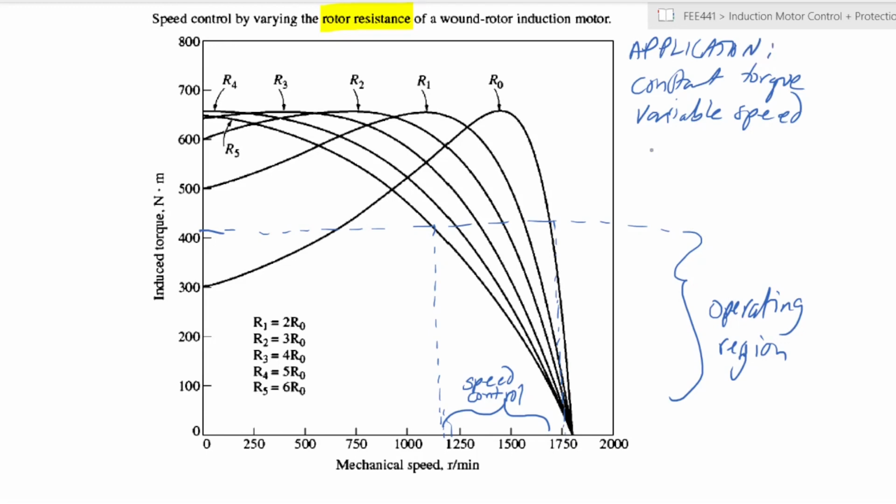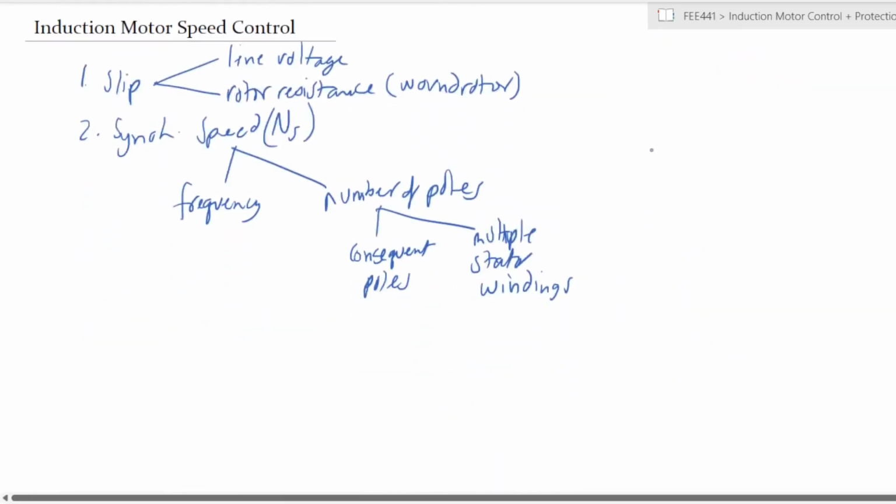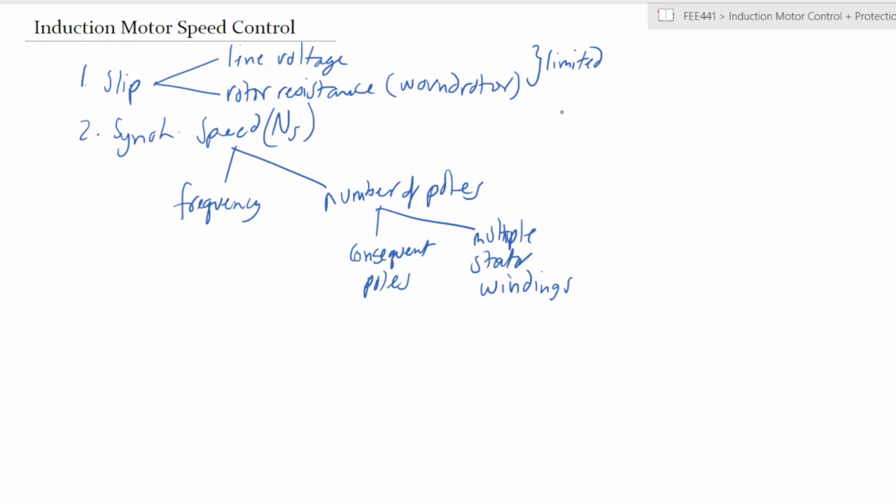So apart from changing the value of slip, we've said that you can also change the value of the synchronous speed. Motor control with the value of slip is limited. But if you want truly a wide range of speeds, then you would have to change the intrinsic value of the synchronous speed.